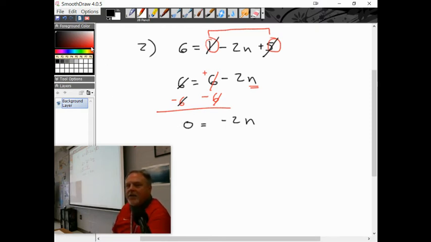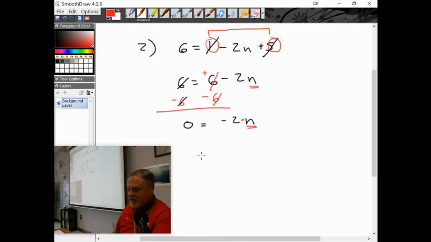Now, if we look at the right side, we've got one more step. To get n by itself, we have to move this negative 2 that's in front of the n. It's called a coefficient. And whenever you have a number and a variable right next to each other without a plus or a minus or anything, you assume it to be multiplication.